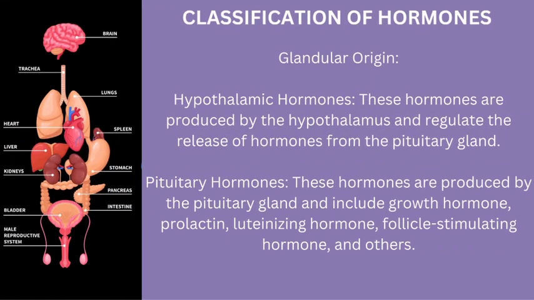Then according to glandular origin. First, hypothalamic hormones. These hormones are produced by the hypothalamus and regulate the release of hormones from the pituitary gland. Second, pituitary hormones. These hormones are produced by the pituitary gland and include growth hormone, prolactin, luteinizing hormone, follicle-stimulating hormone, and others.